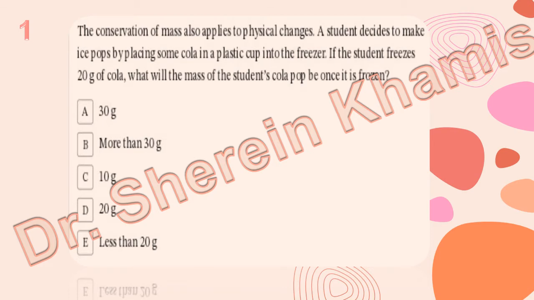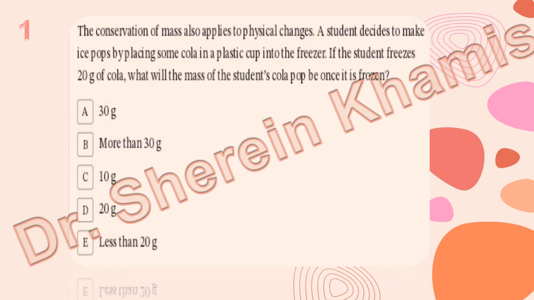We have the cola at first and put it in the freezer. We said that we can apply the conservation of mass, so the total mass of reactant equals the total mass of product. This is the rule that we want to apply.